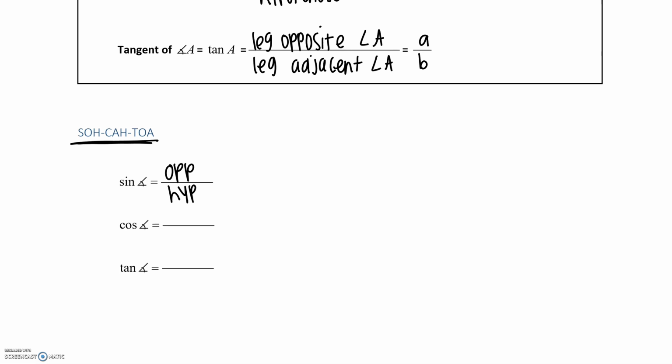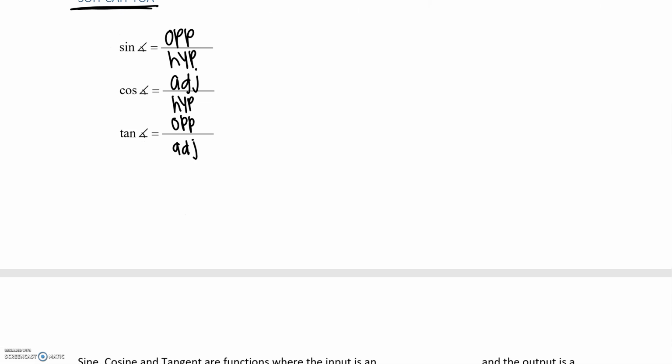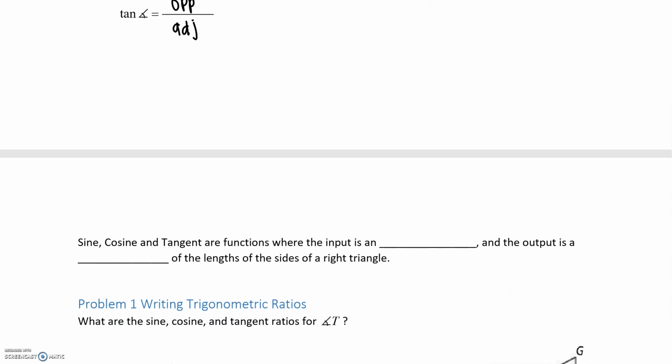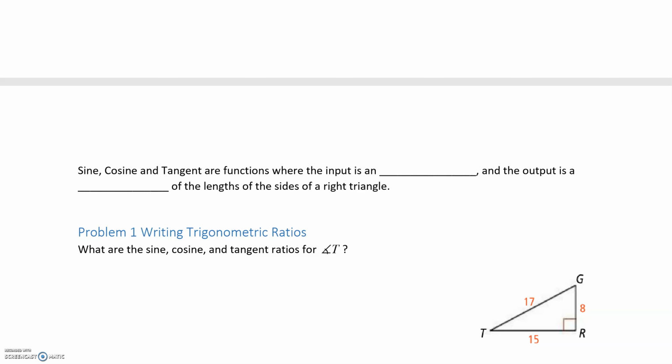So O over H. Cosine is A over H, which is adjacent over hypotenuse. And TOA, which is tangent, and tangent is opposite over adjacent. Okay, so we're going to use these constantly.